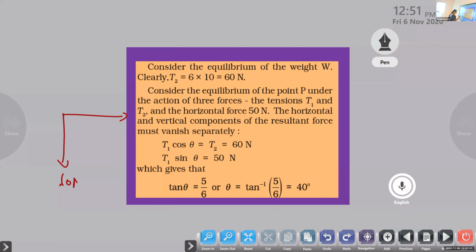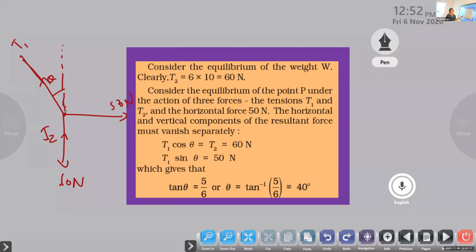One is 60 Newton, 50 Newton. This is our T1 acting. There is T2 acting. I'm not drawing anything else, only this much. Then there is a vertical component, theta here. So we have to get the theta.